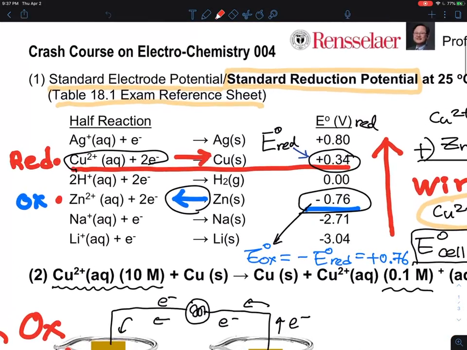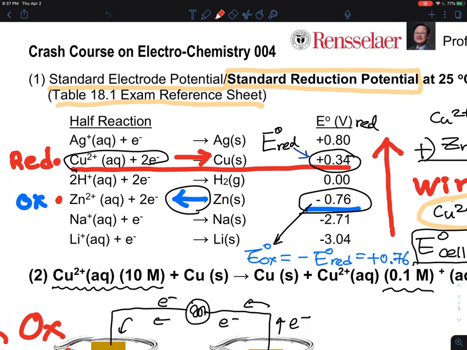If I choose this one, this one is going to be the oxidation. So the E reduction potential is a negative value. In that case, oxidation is the opposite sign of that. So this will be positive.